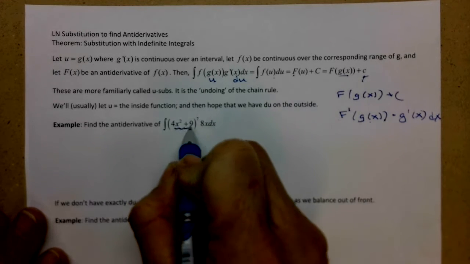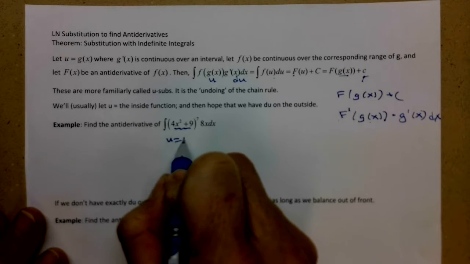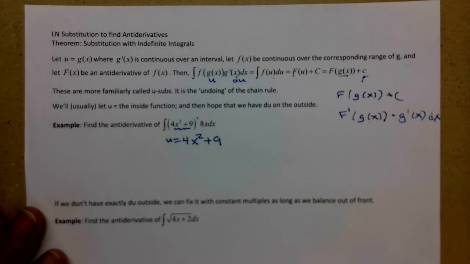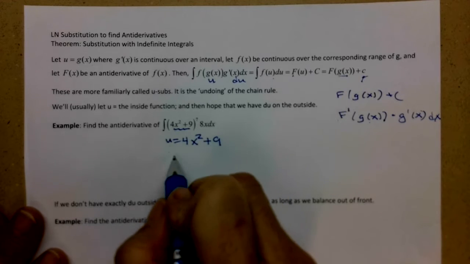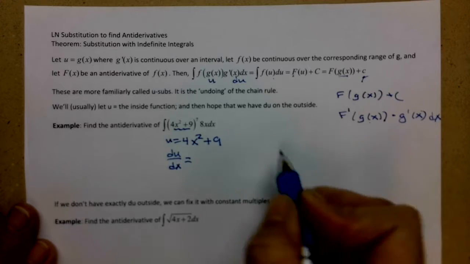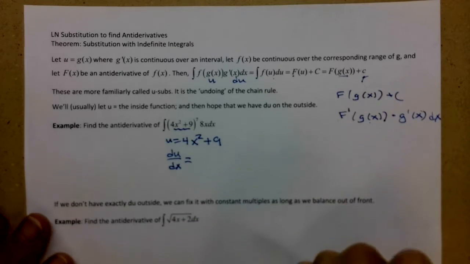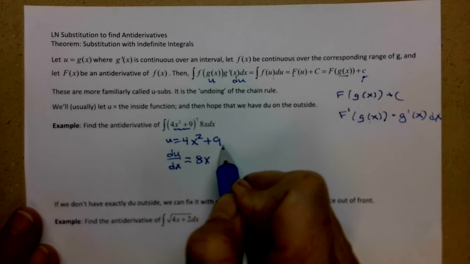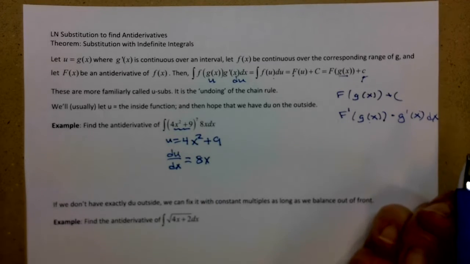So the inside function, we're going to let u equal 4x squared plus 9. Once you have u, then you do du dx. So we take the derivative of u with respect to x, and what do we get? 8x to the first, derivative of 9 is 0.